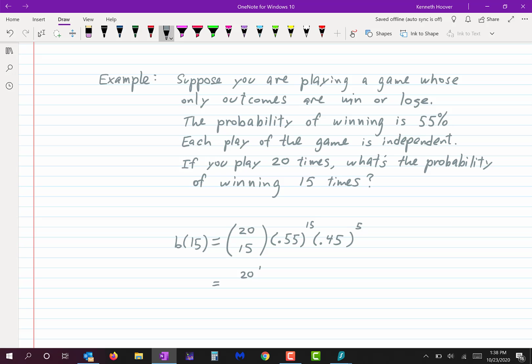So we have 20 factorial over 15 factorial times 5 factorial times 0.55 to the power 15 times 0.45 to the power 5. Now this is a calculator problem. I'm not expecting you to multiply 0.55 out by hand 15 times. I'm not expecting that. Okay.